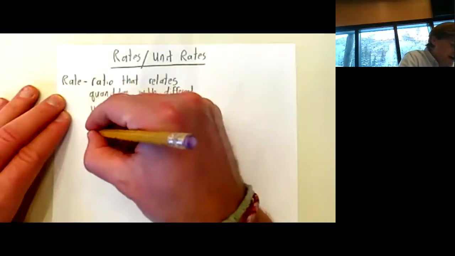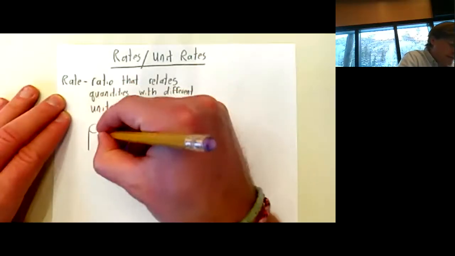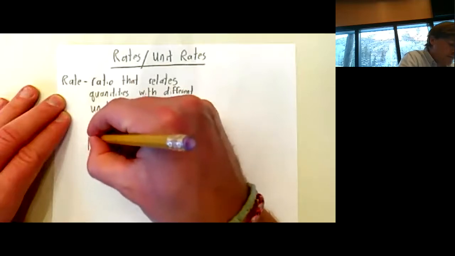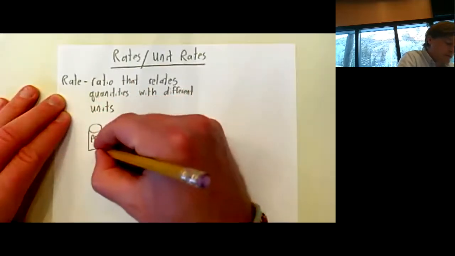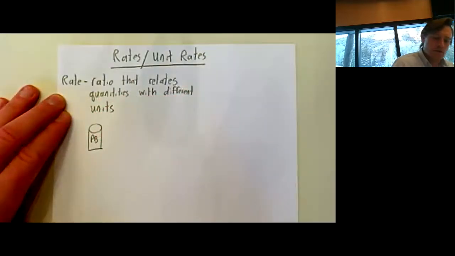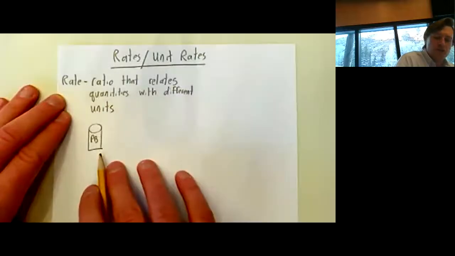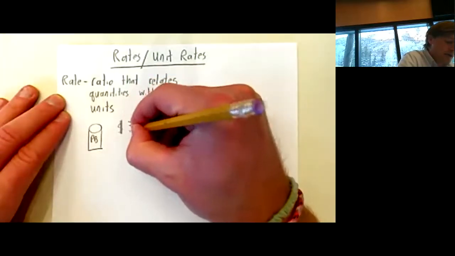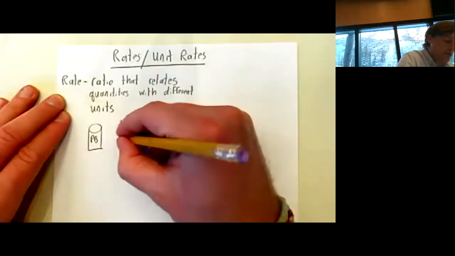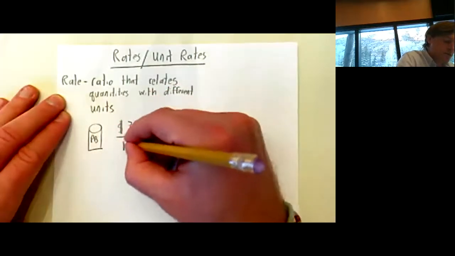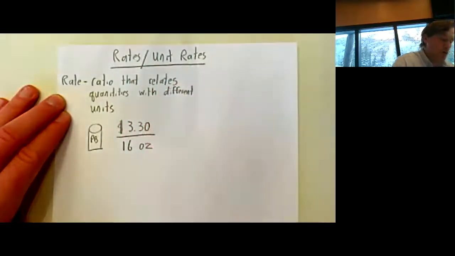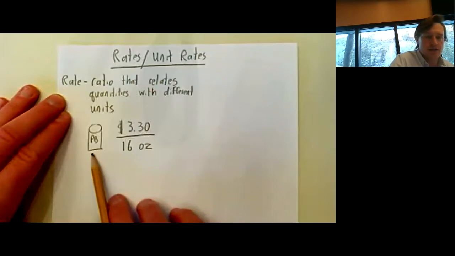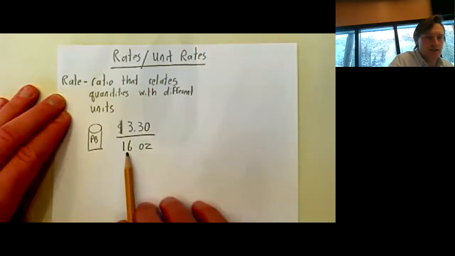Let's think about a jar of peanut butter. There's my jar of peanut butter. And at the store, it costs $3.30 for a 16-ounce jar. So let's say that jar is 16 ounces. So here's my first rate.